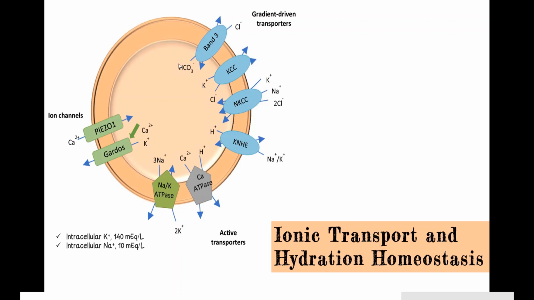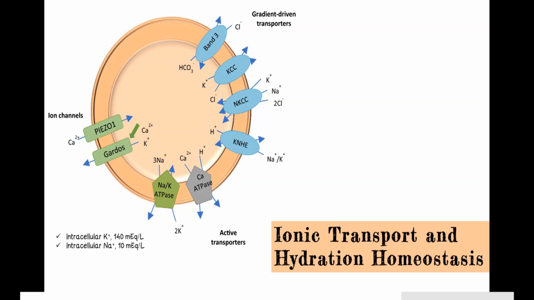So if calcium becomes abundant inside the cell, the Gardos channel will diffuse potassium out of the cell, bringing calcium together with potassium. So the Gardos channel sends calcium out together with potassium in order to prevent accumulation of calcium inside the cell. Okay? I hope that's clear.